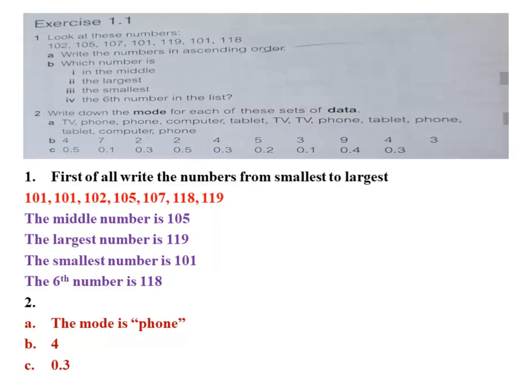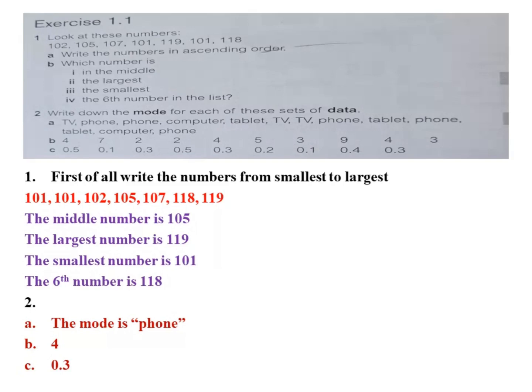The middle number is 105. The second question says to find the largest number. The largest number of this number set is 119. Accordingly, you will be able to find the smallest number. The smallest number of this particular number set is 101, and the sixth number is 118.